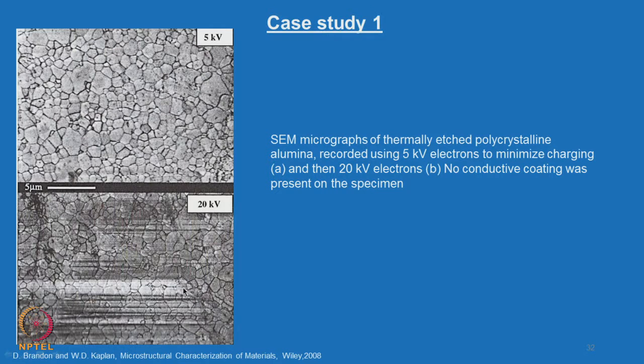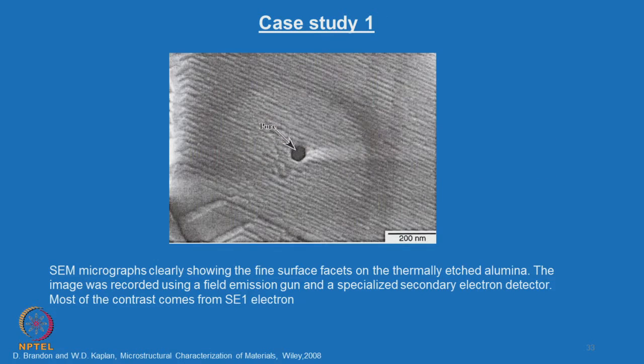So, this is a secondary electron image that you are seeing. This SEM micrograph clearly shows the fine surface facets on a thermally etched alumina. The image was recorded using a field emission gun and a specialized secondary electron detector.